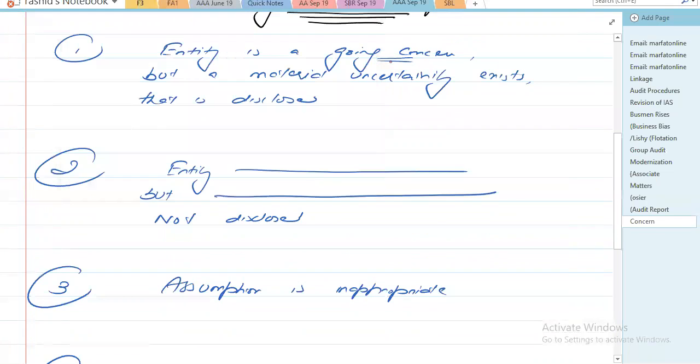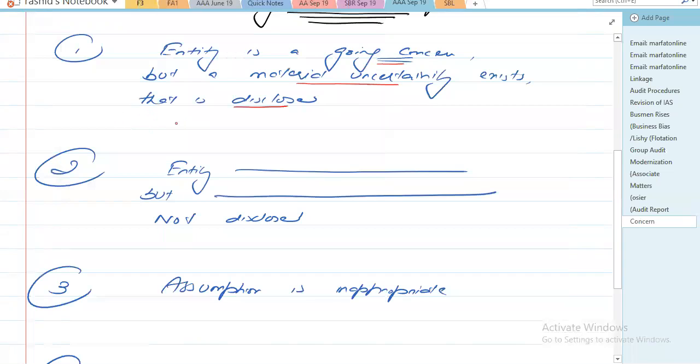The entity is a going concern, they can continue for the foreseeable future, but there is something which can affect the going concern of the organization, and that is disclosed. If everything is disclosed, that means the report is fine and the financial statements are good.